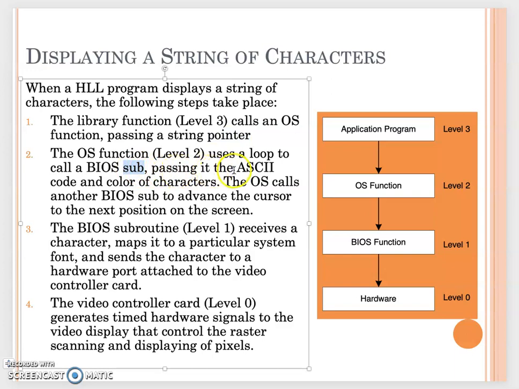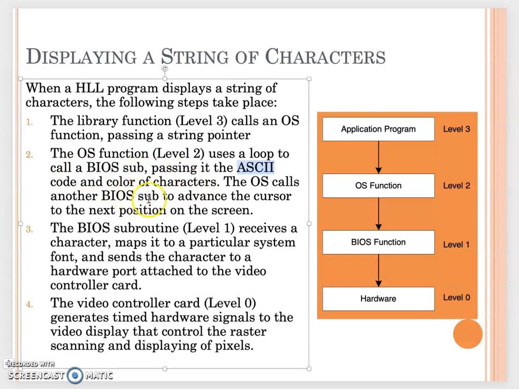You pass it the ASCII code and the color of the character. Because you know the ASCII code, which character you want to display, but when you display on the monitor, you also need to know the foreground color and background color you want. That comes from the operating system function calling the BIOS subroutine.